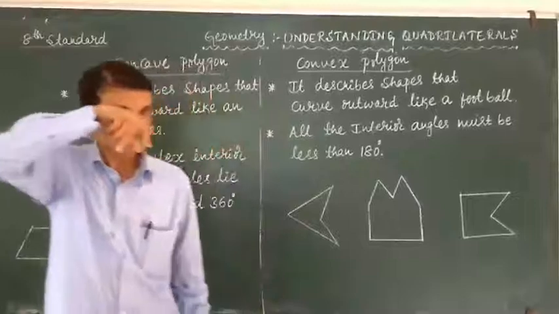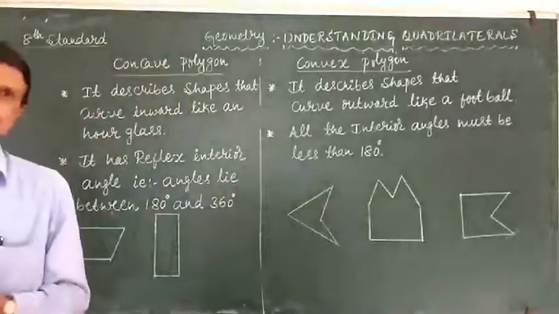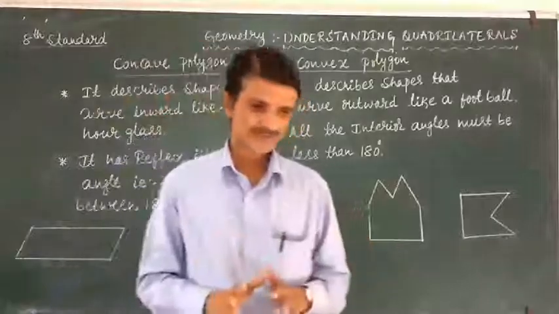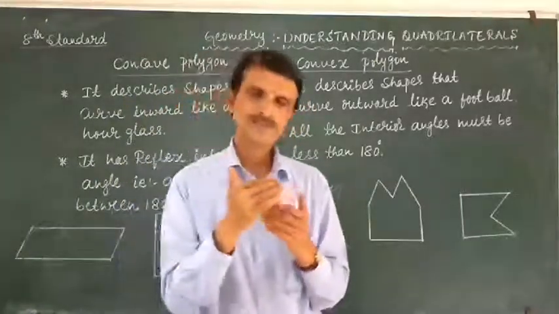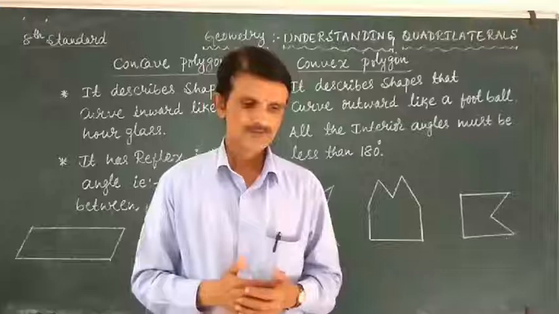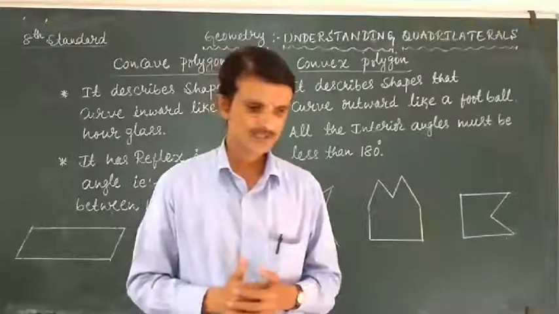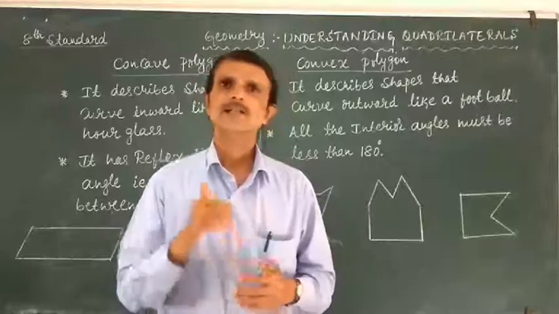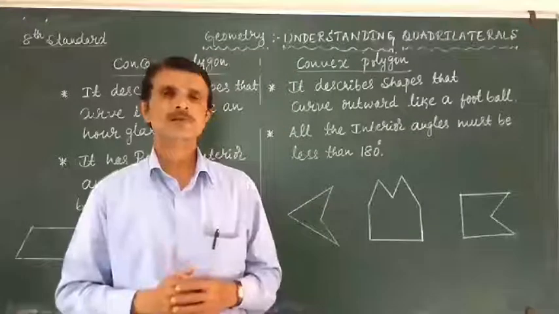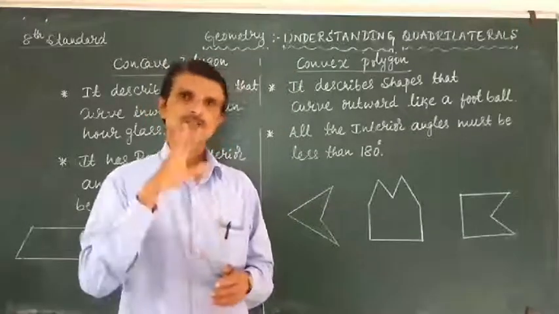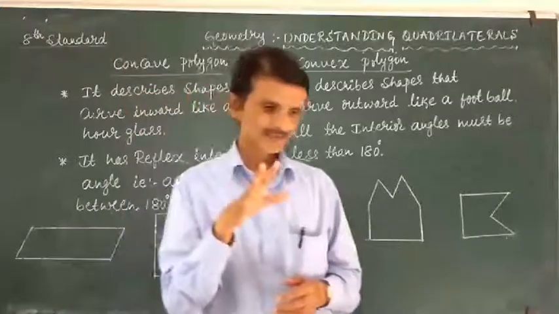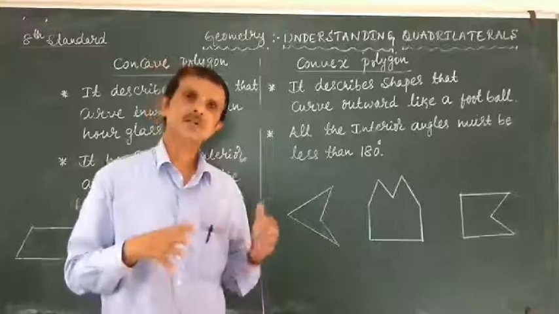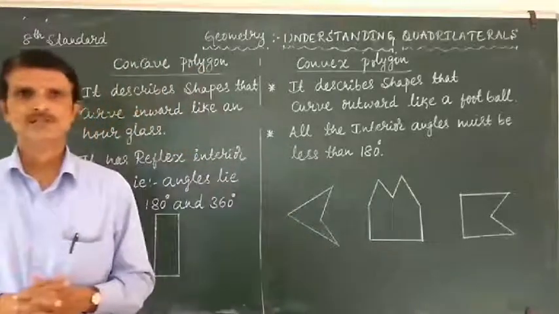Now students, today we have discussed the definition of a polygon, classification of polygons, diagonals of a polygon, and the special types of polygons, that means regular and irregular polygons, and concave and convex polygons.